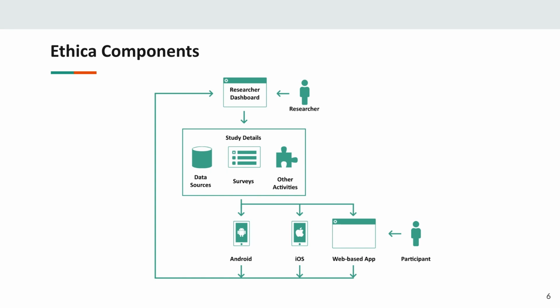The difference between the data sources and surveys and other activities is that the data sources are collected unobtrusively without participants' interaction with the system. They're automatically collected, whether through sensors or other digital footprint data. But surveys and other activities always require some sort of interaction with participants. If it's a survey, they have to respond to it.